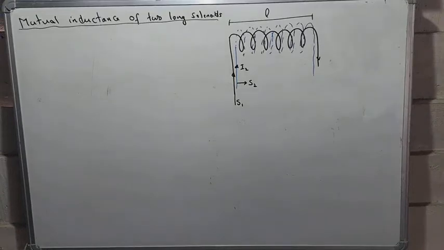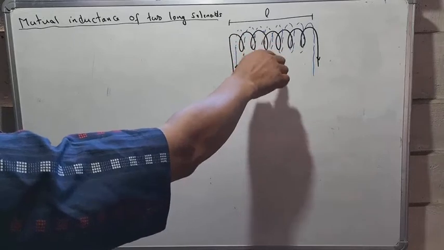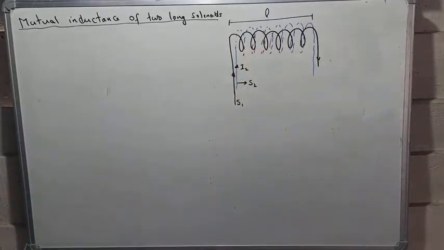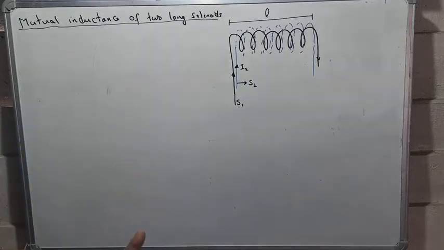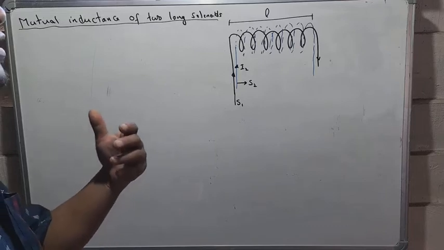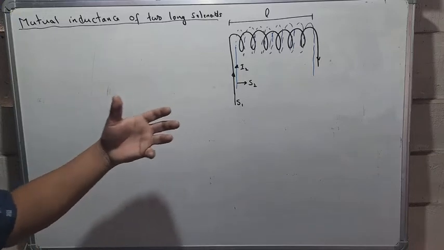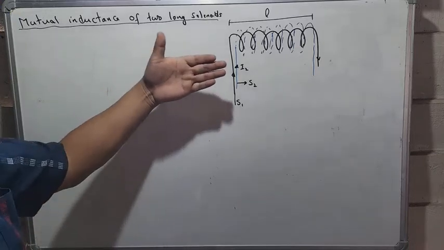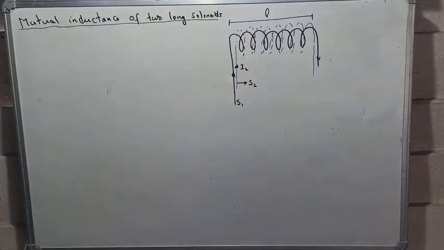Because of this current I2 passing through the blue solenoid, what will happen? This current I2 is a time varying current. Because the current is varying, the magnetic flux will change inside the solenoid S2.